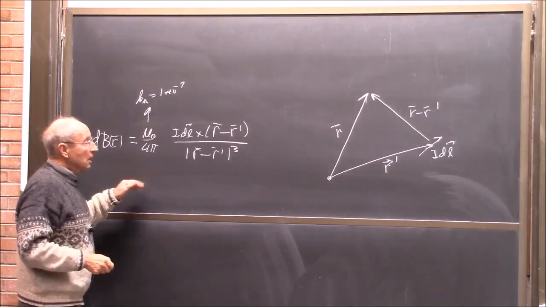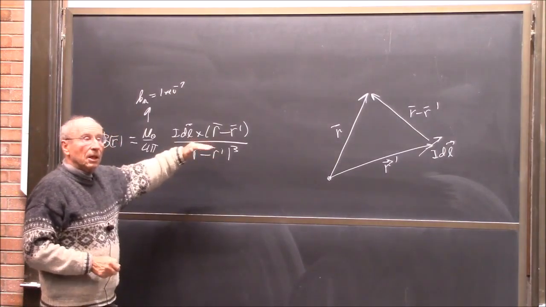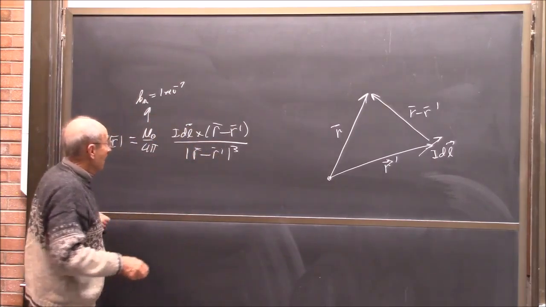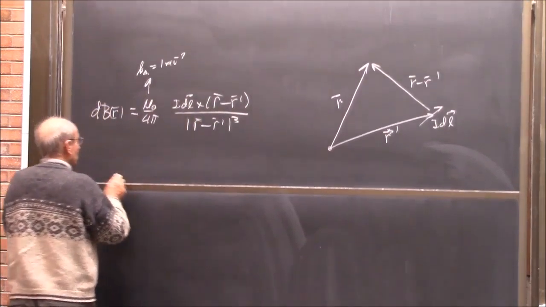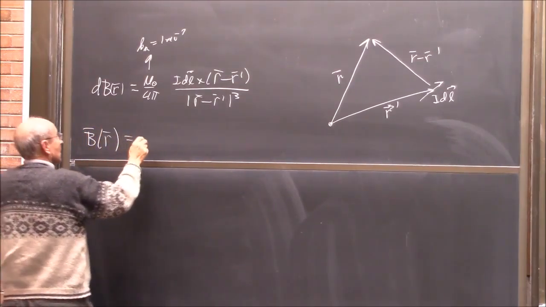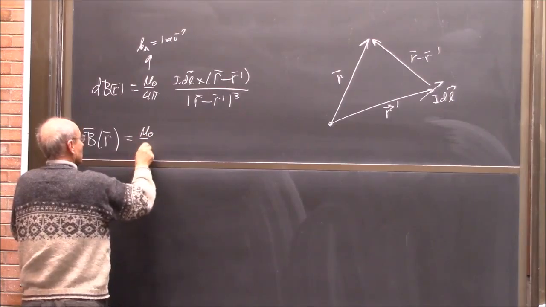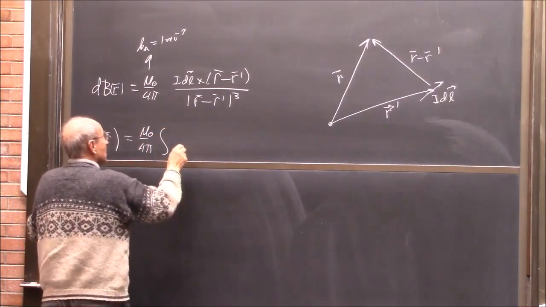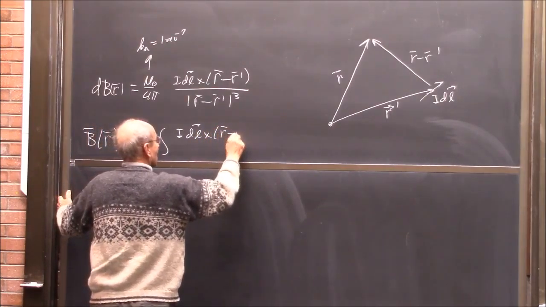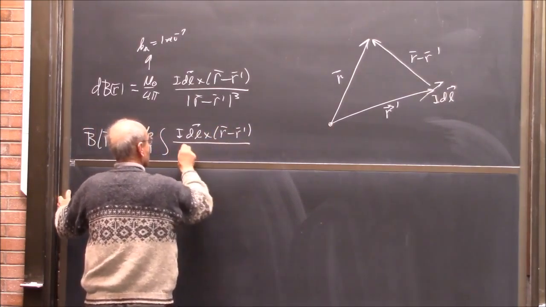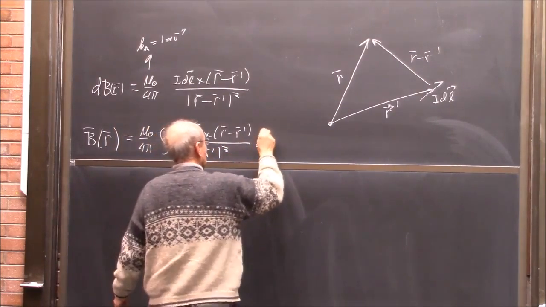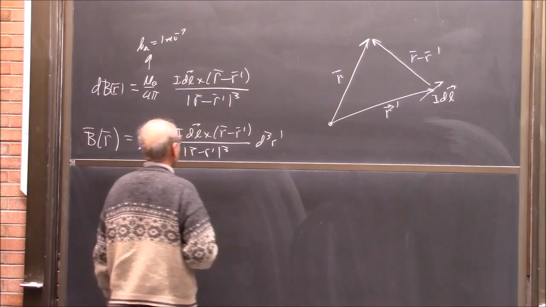To get the total magnetic field, we added up the magnetic fields due to each little current element. And so we ended up with B of r was mu0 over 4 pi times the integral of I dl cross r minus r prime over the magnitude of r minus r prime cubed, integrated over r prime.